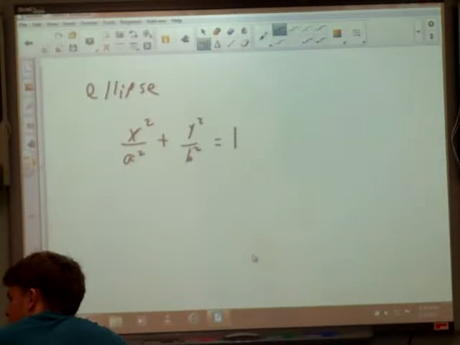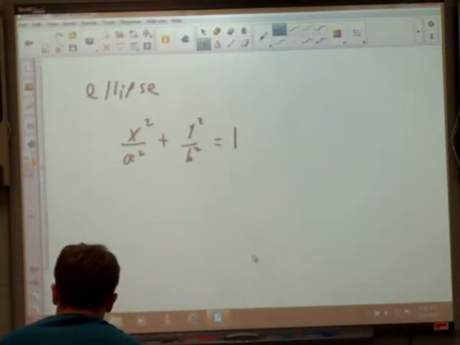Okay, here's some important stuff. Y'all simmer down. Here's some important stuff on our ellipse. There's the equation for an ellipse: x squared over a squared plus y squared over b squared is equal to 1. On an ellipse, the things that we're going to have to find are our intercepts.